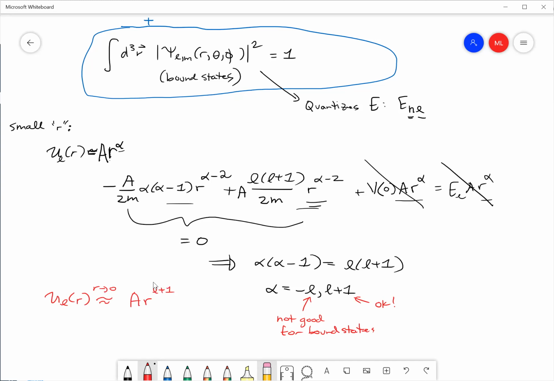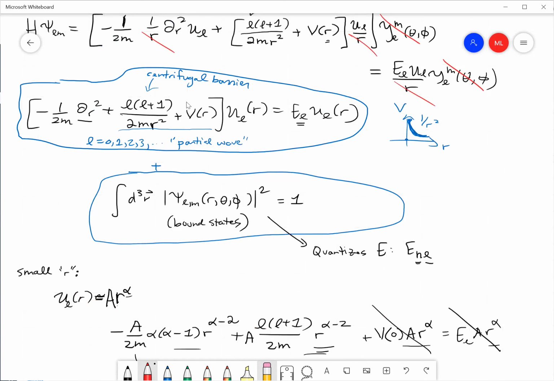That's pretty powerful, because we'll be able to constrain the form of our solution by ensuring that the first term in the Taylor series expansion for small r is r to the L plus 1. And we got that just straight from the Schrodinger equation in the centrifugal barrier part. So that's pretty cool.